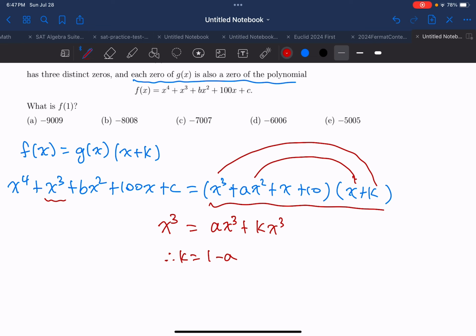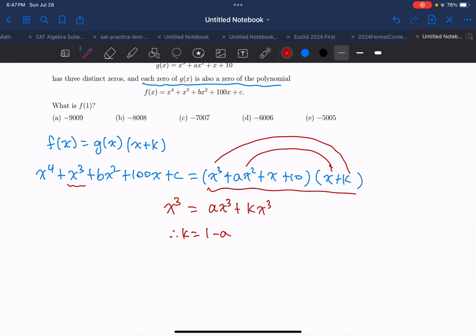So using this, we could also look at the coefficients of 100x, because 100x is the same thing as here, x times k and 10 times x. 100 equals 10x plus kx.